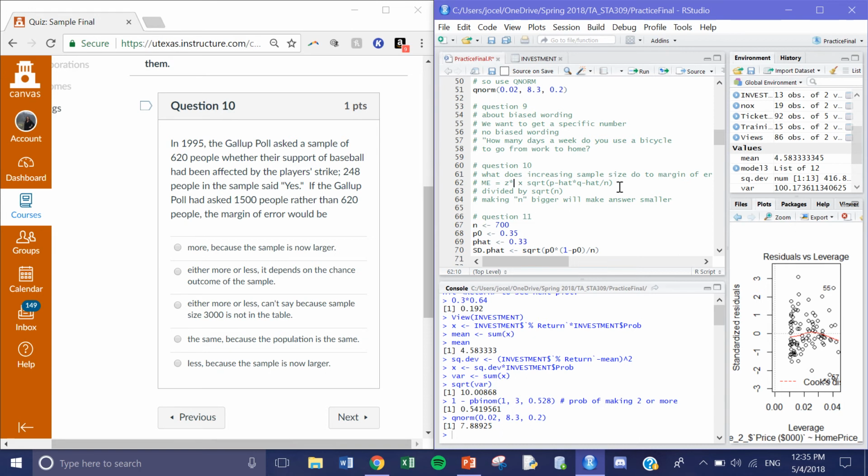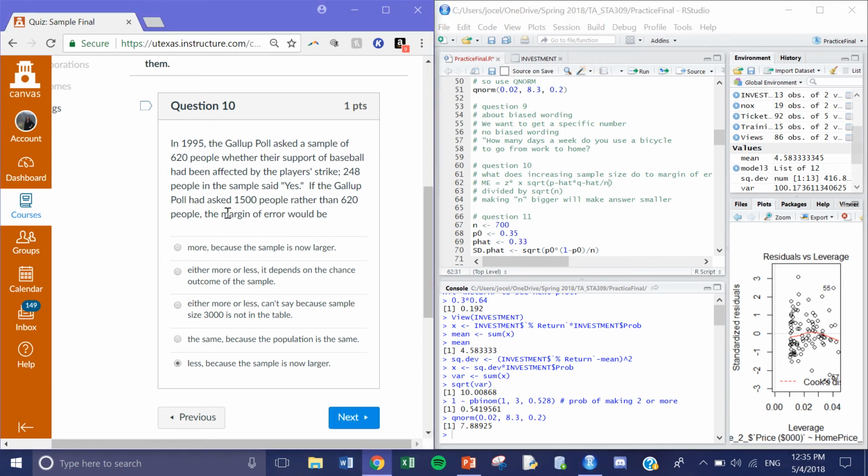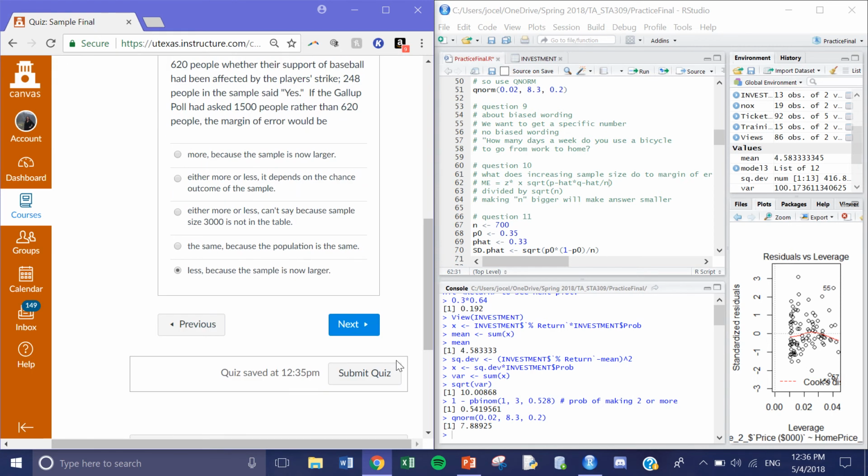This is just our definition of margin of error. And we see that inside of that formula, it's divided by the square root of n. So if I increase n from 620 to 1500, this is going to decrease the margin of error. So if I increase n, then my margin of error is going to go down. That leaves us with the option that the margin of error would be less because the sample is now larger.